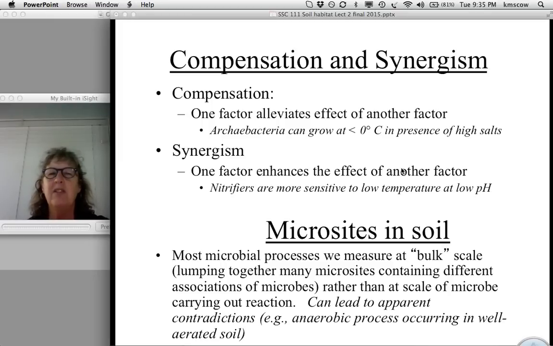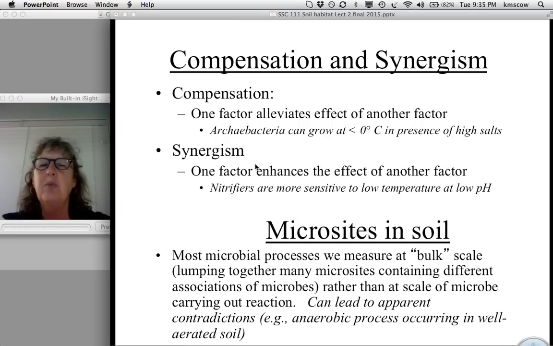An example is some archaea that could not grow at less than 0 degrees centigrade because it would be frozen. However, in the presence of high salt concentrations, it can degrade. So the salt is compensating for the effect of the temperature. You might predict, oh, no way that can be active at less than 0 degrees. However, if that soil is very salty, it could be active.